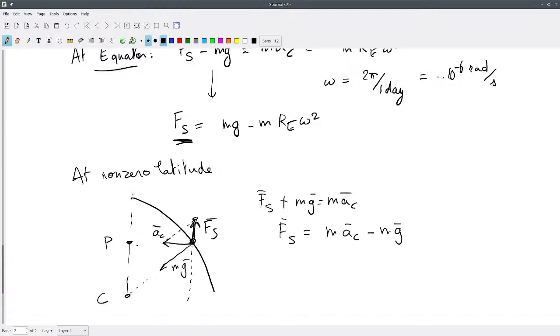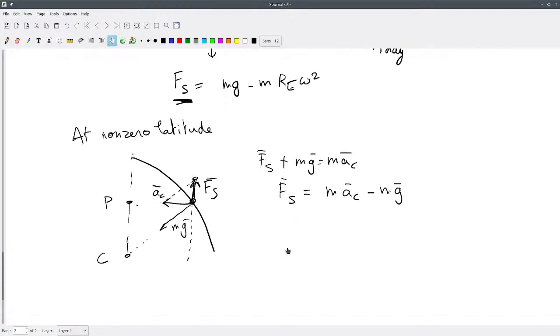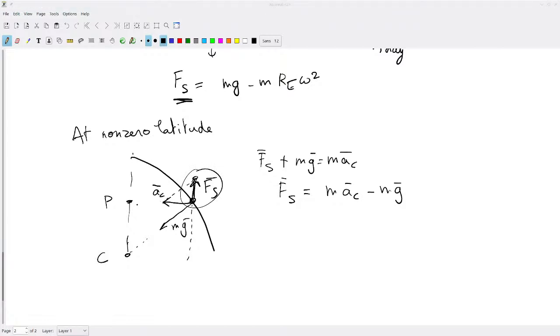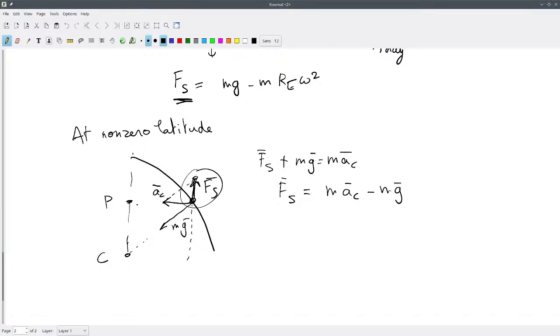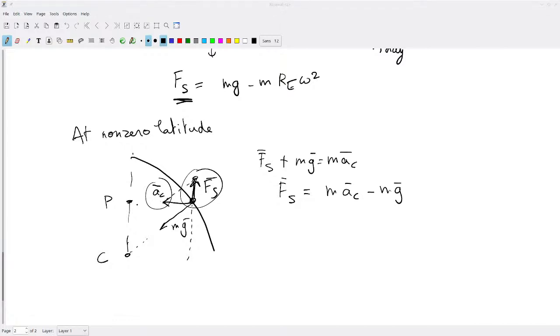It will actually be pointing along a line that is not going through the center of the Earth, but it is going through a point that is below the center of the Earth. And this will be what we will define as the vertical at that point on Earth. It will look as though it is not going through the center of the Earth, but effectively, because of the centripetal acceleration, that's what our vertical will be defined as.